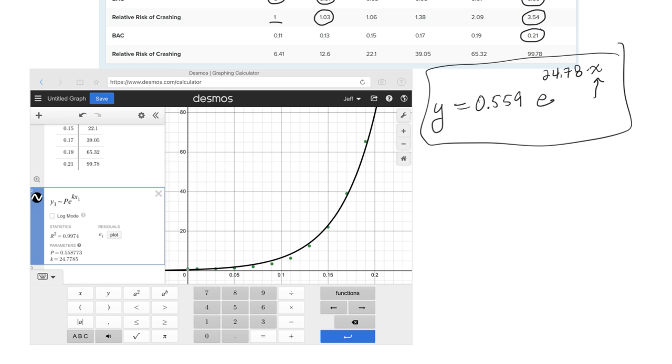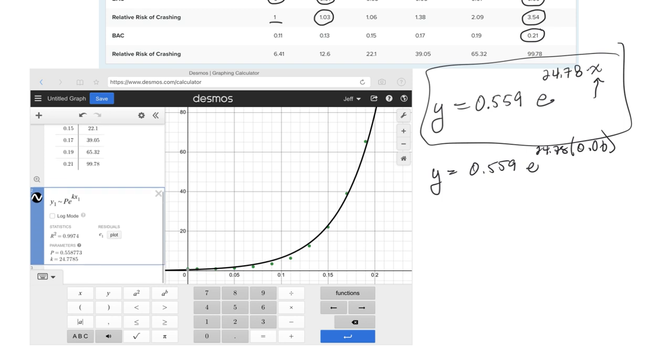So they have 0.0, all these. Why don't we try 0.06? So I could say y is equal to 0.559 e to the 24.78 times 0.06. And that'll tell me relative risks of crashing if your blood alcohol is 0.06. Let's just do that in decimals here.